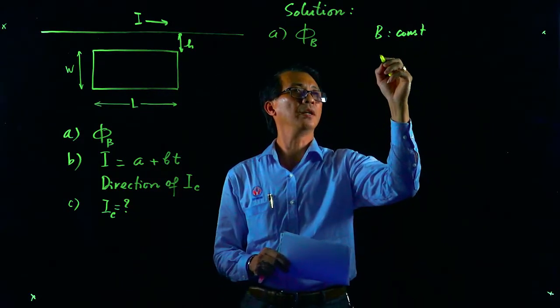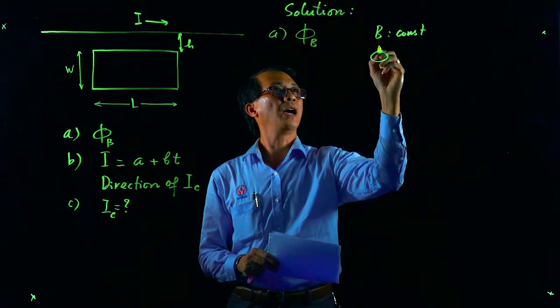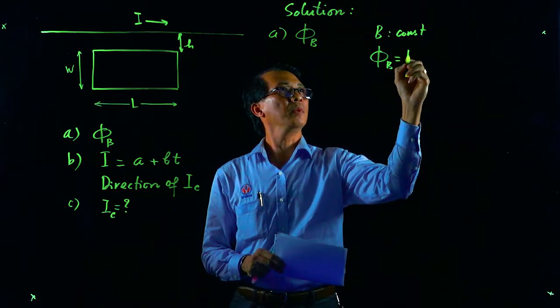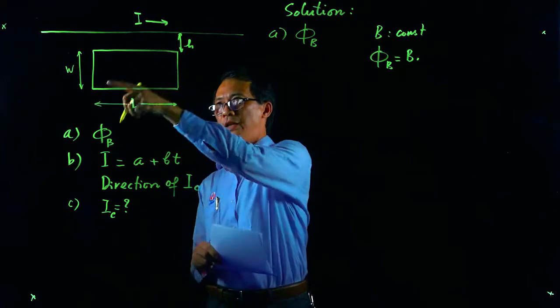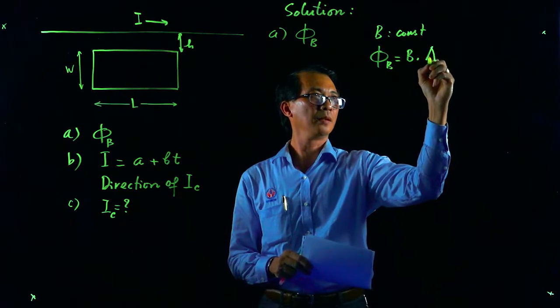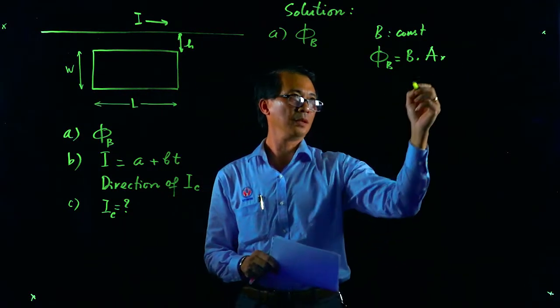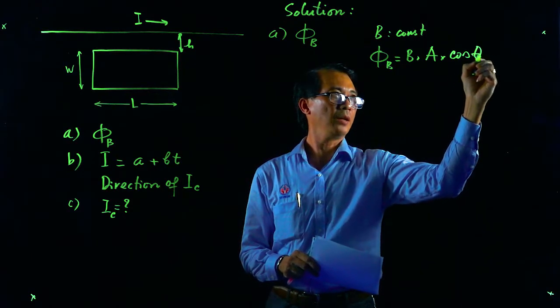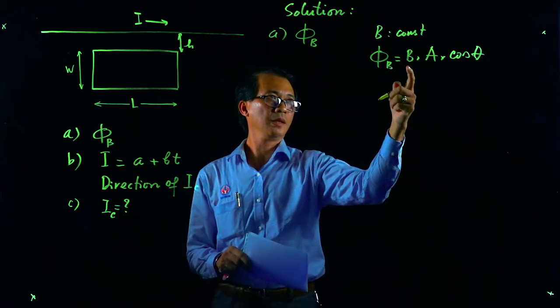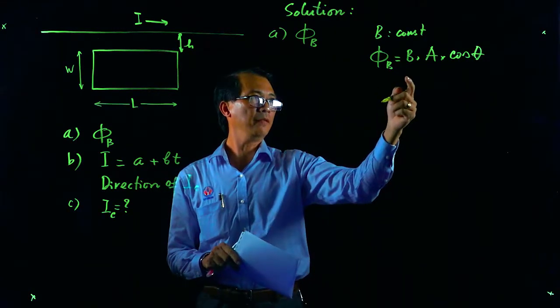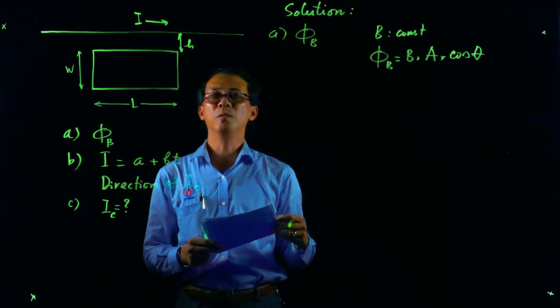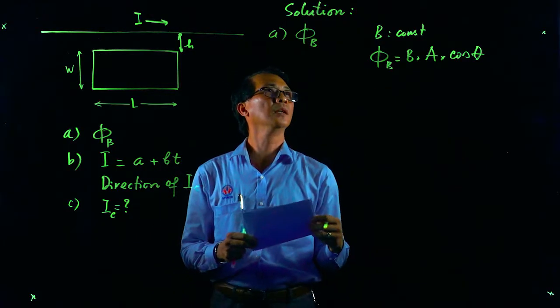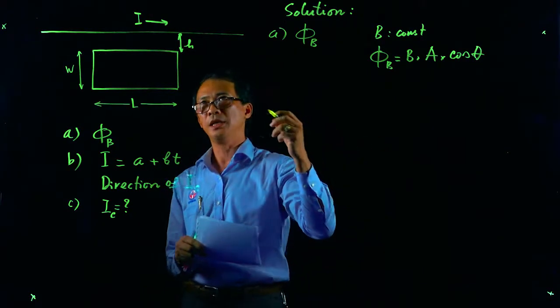You can use the definition of phi B: B multiplied with the area A of the loop, multiplied with the cosine of the angle made by the B vector and the normal vector of the area.